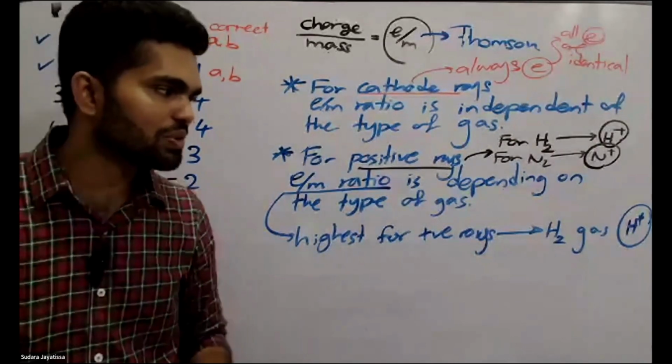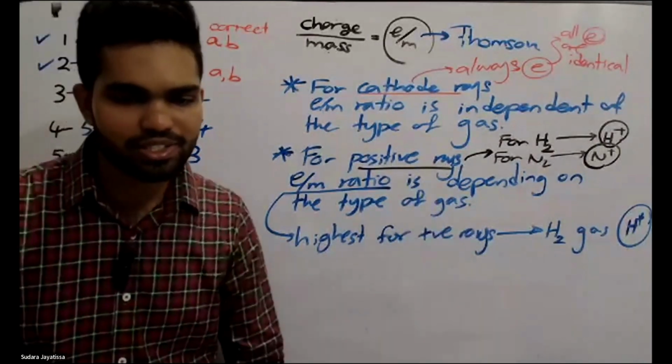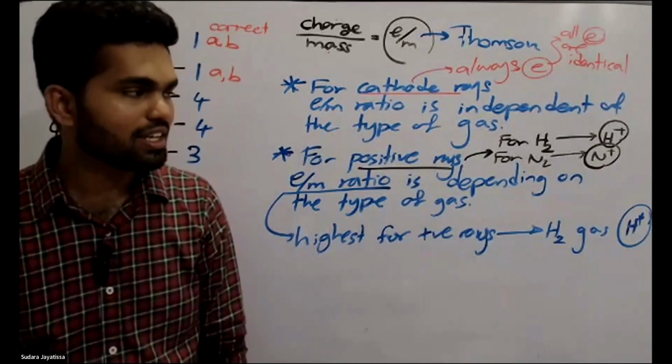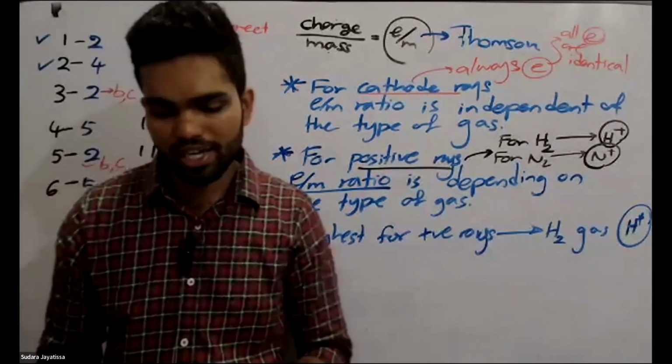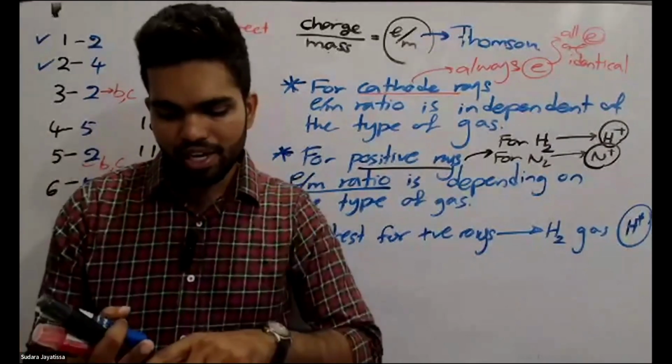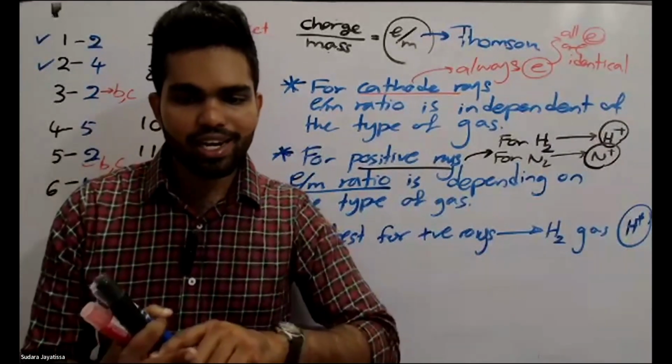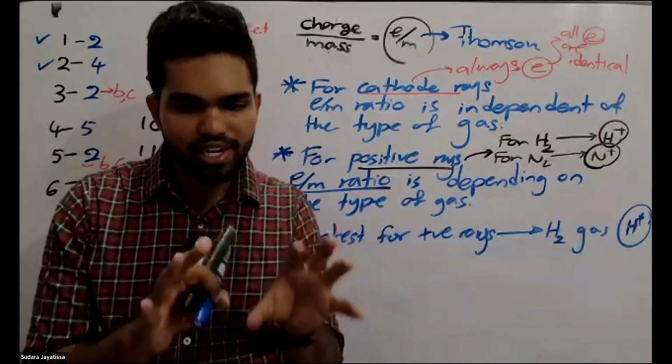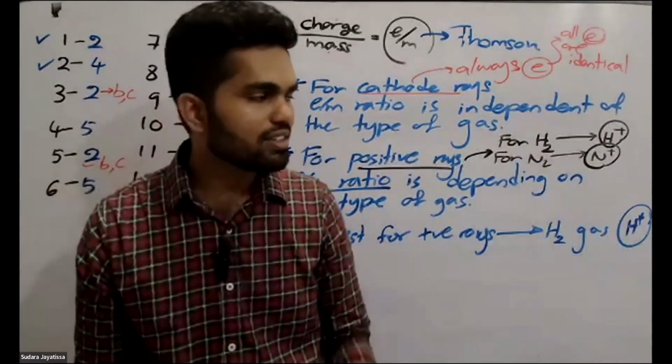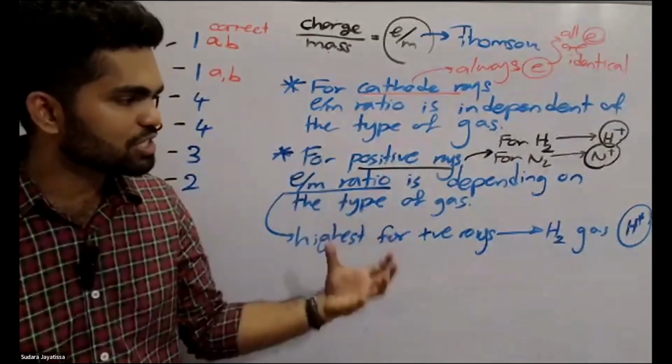You already have that in your theory book. Just please refer to it. I hope you remember that one. We wrote about the electron e/m ratio, hydrogen e/m ratio, and nitrogen e/m ratio in that example. So you can look at that again and remind yourself of this fact.